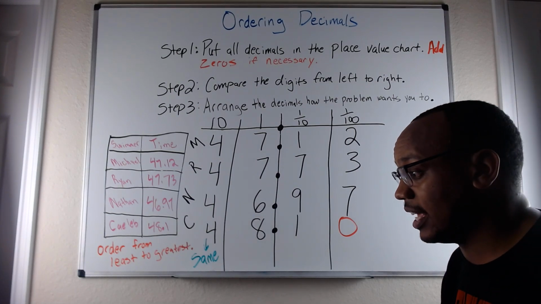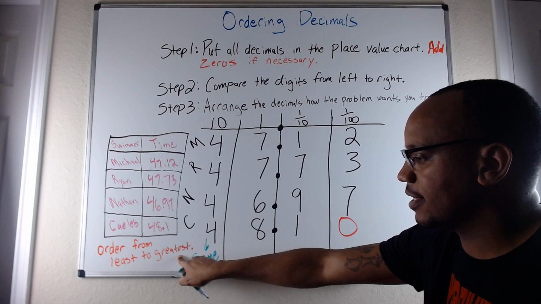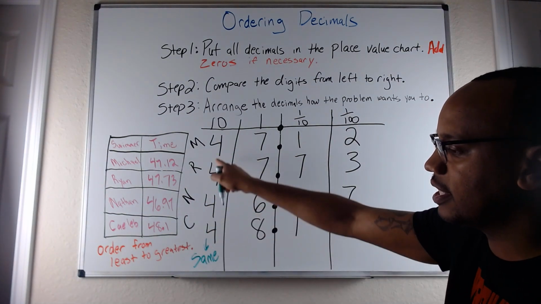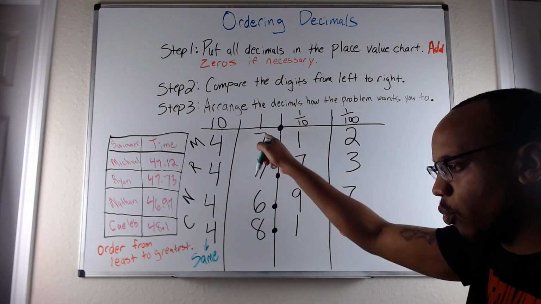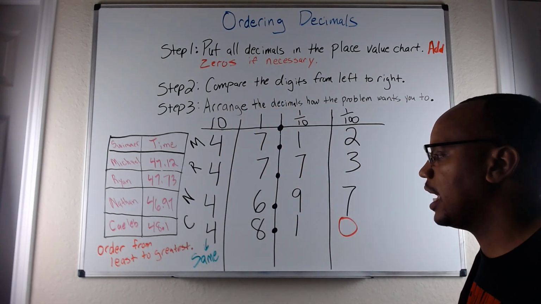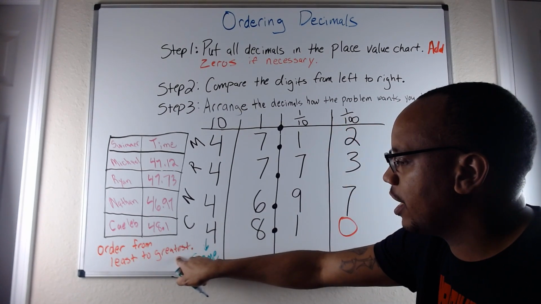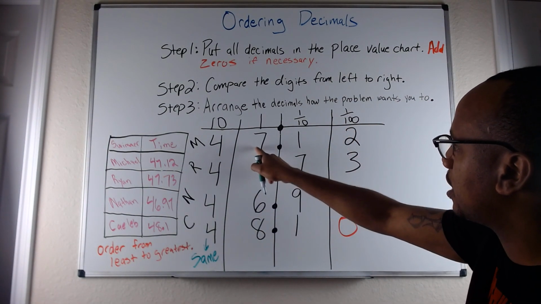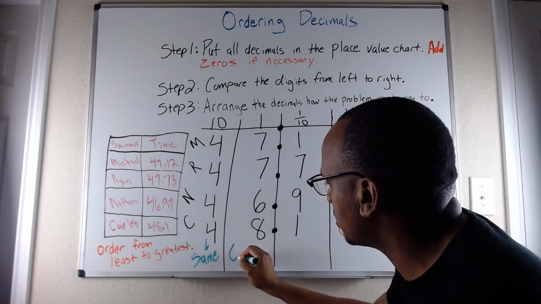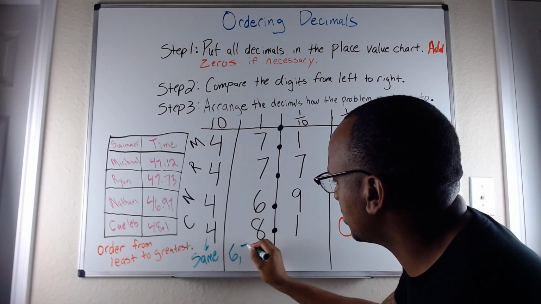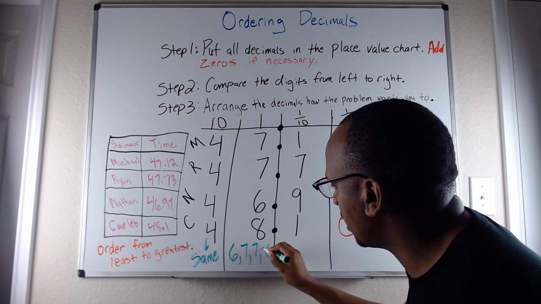Now the object is to put them in order from least to greatest. You can't do anything with the tens place value because all of them are the same. Now you go to the ones place value, and you're going from least to greatest, which means 7, 7, 6, 8. Okay, 6 is the least, then you have 7, then 7, and then 8.